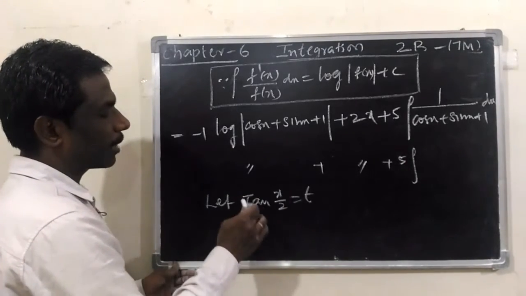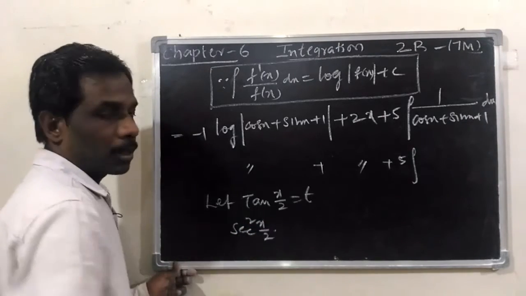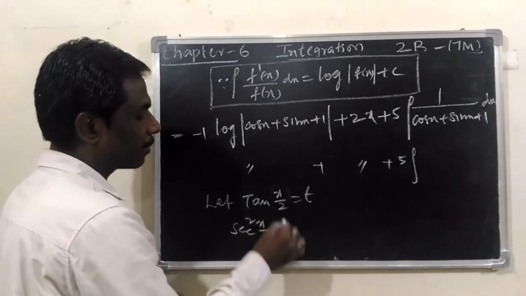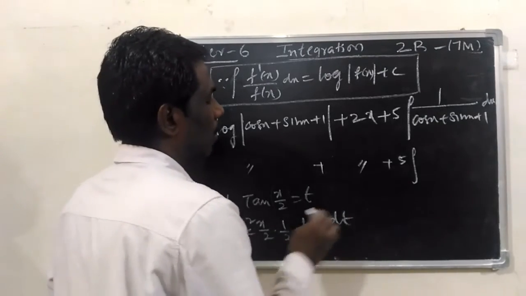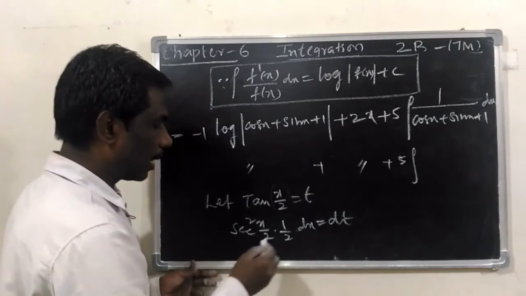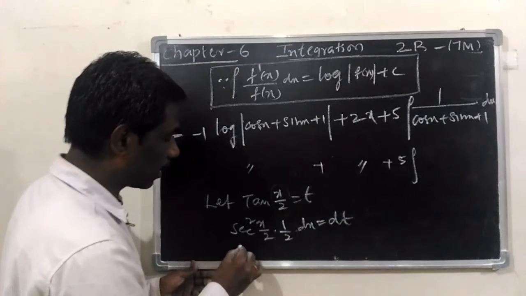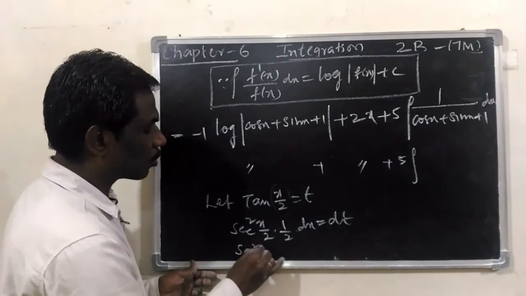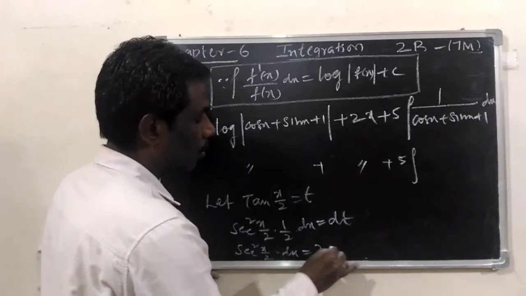Then the differentiation of tan x by 2 is secant square x by 2 into the differentiation of x by 2, which is 1 by 2, into dx is equal to the differentiation of t, which is dt. And next, sending this 2 from the denominator to the right side, we get secant square x by 2 into dx is equal to 2 dt.